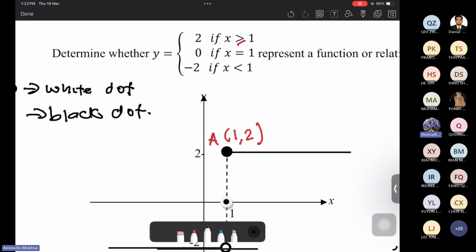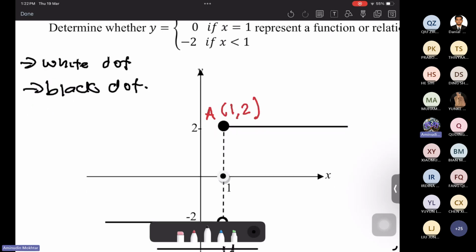Assume the second structure of the equation remains the same. That is, when y equals 0, x equals 1. This is point B. So this point remains a black dot, to show that the value of y also exists at that point.